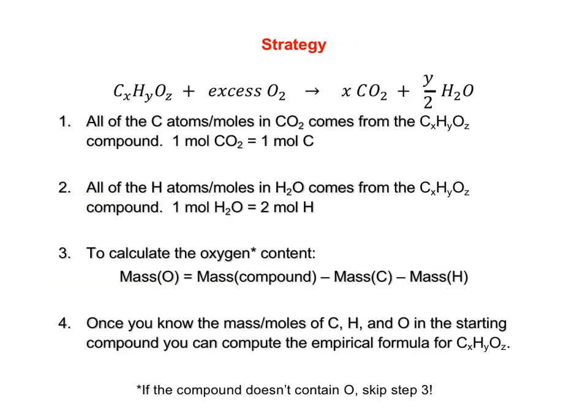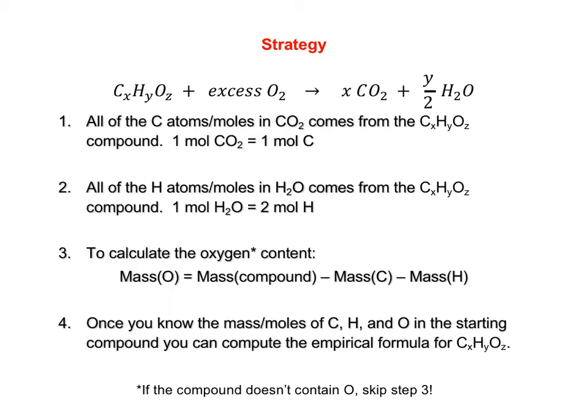So let's talk about the strategy of how we would attack one of these problems. If our compound only contains carbon, hydrogen, and oxygen, and this is a combustion reaction, then this generic equation will work for all of these compounds that we're burning. So we're burning this carbon, hydrogen, and oxygen compound. The other reactant is oxygen, and the only products are carbon dioxide and water.